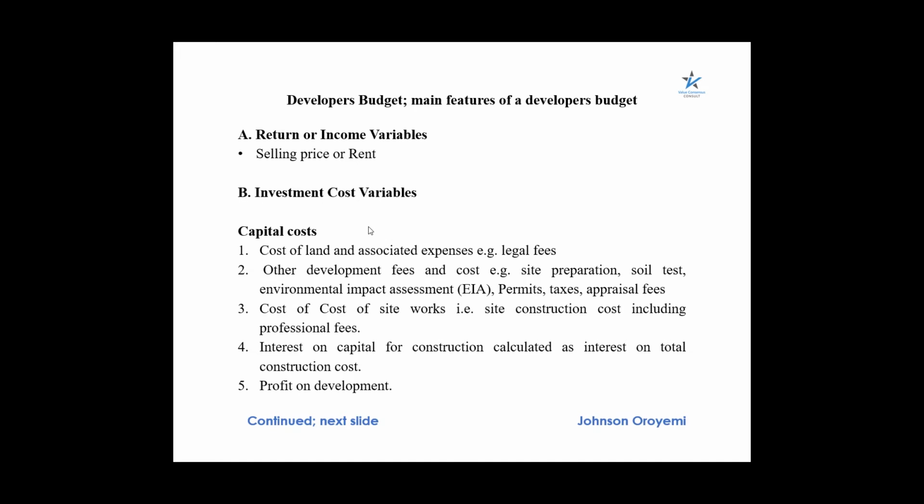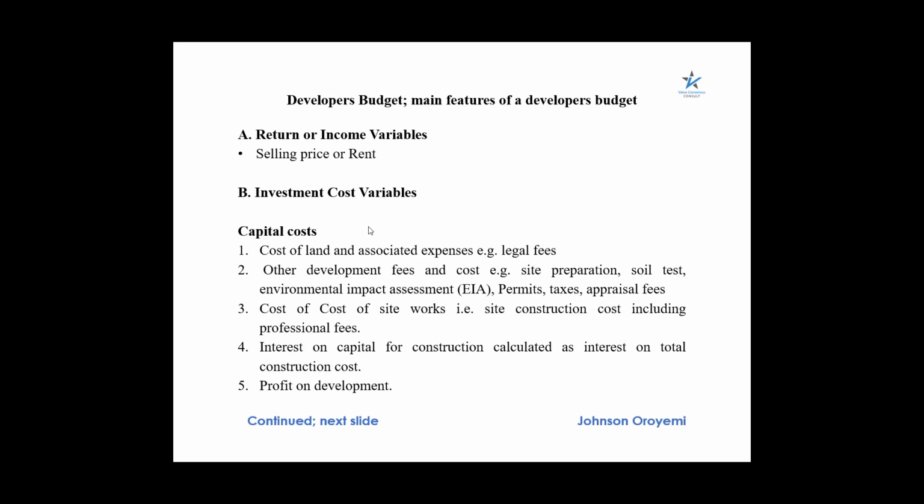So one of the things we are going to be considering in developers' budgets is the return, or what we call the income variable, which can be gotten from the selling price or the annual rent of the proposed project. So one of the major things we look at under a developer's project is the return or income variable.